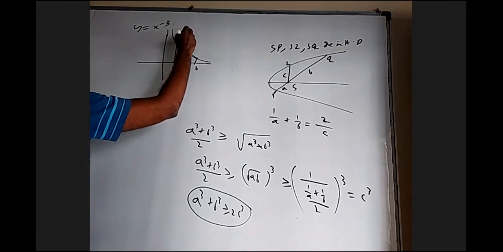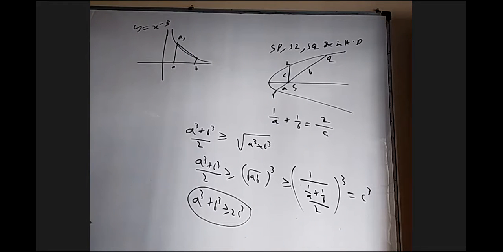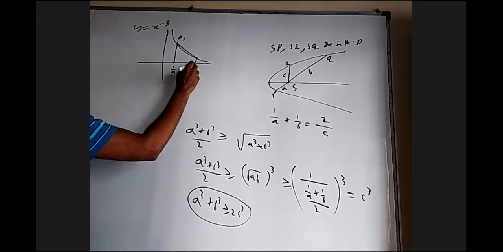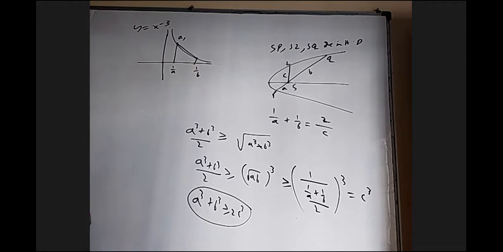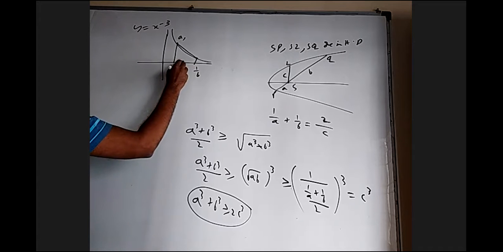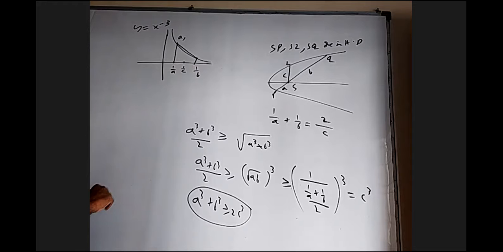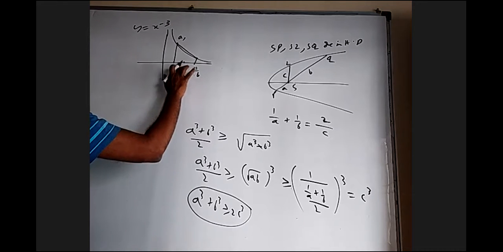So, no, I don't want to take at A. I want to take 1 by A and 1 by B. And the middle point of these two is 1 by C. We'll see 1 by C a little later.